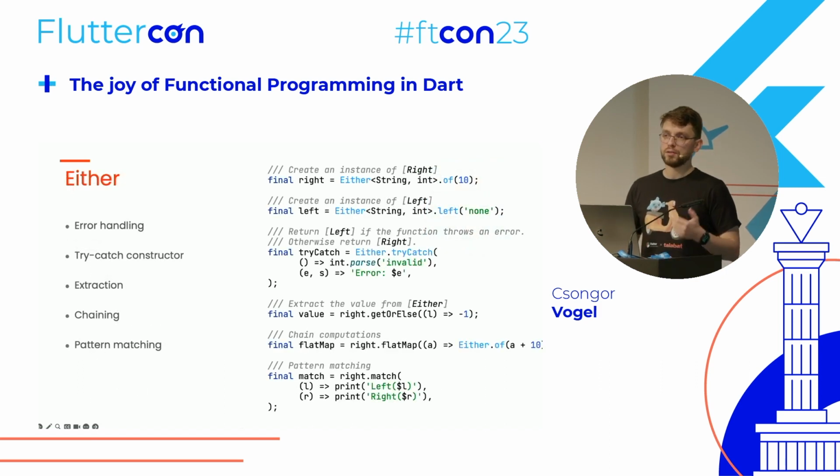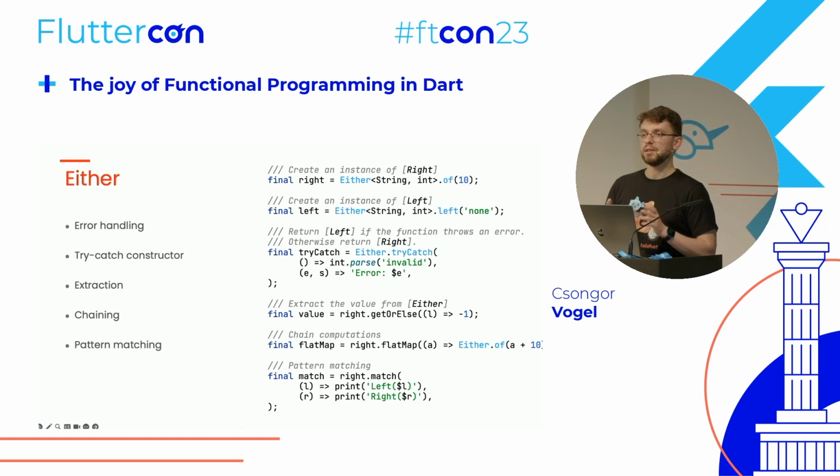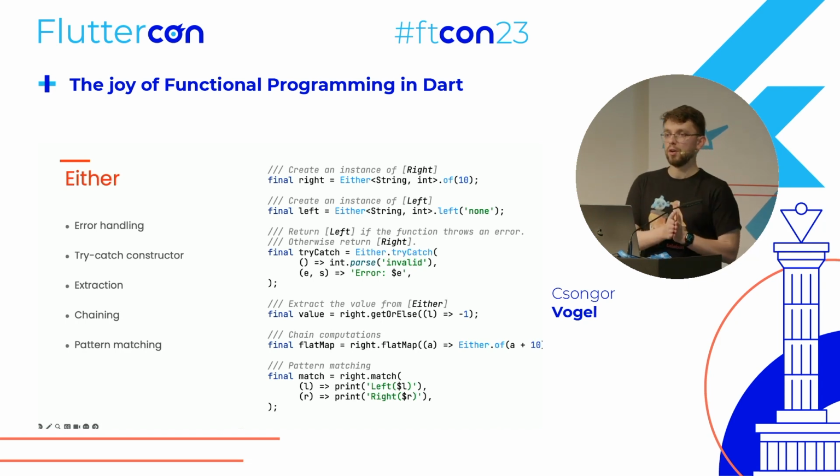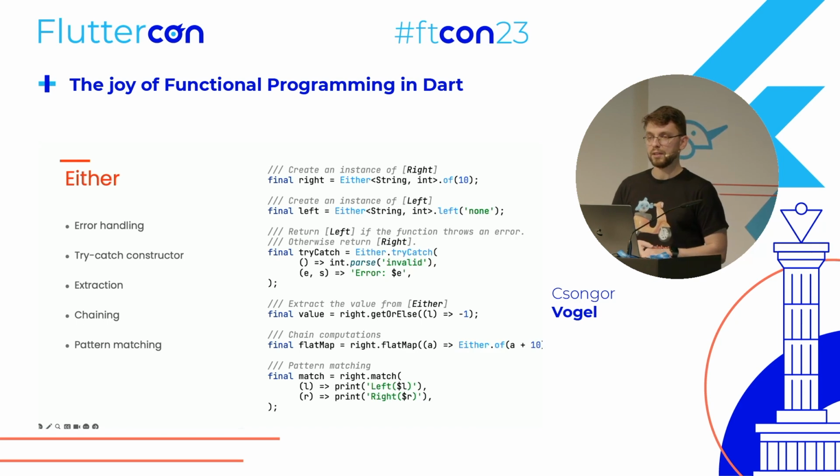Either, similar to Result, differentiates 2 subtypes. One of them is the left side, and the other one is the right one. Most of the time, we place the failure-specific values on the left, and we use the right side as the success case.